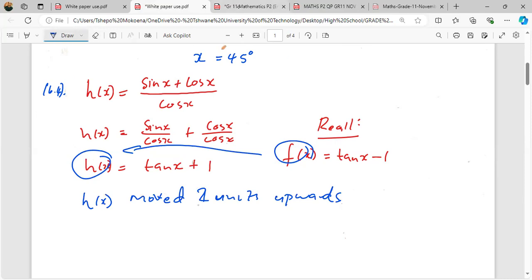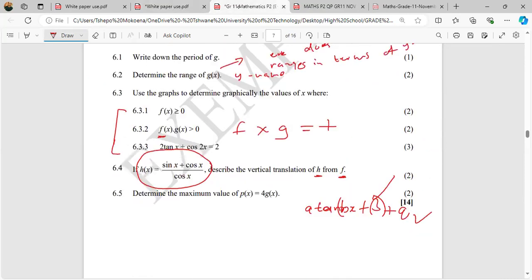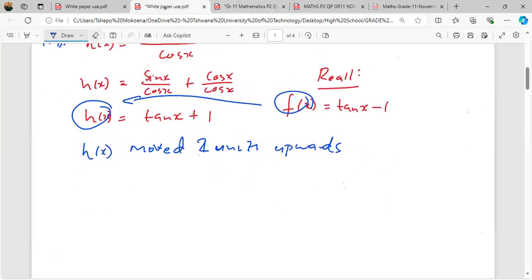Right. And here's the last question. They say determine the maximum value of. You see, we manipulate a lot here. You need to be very good at analyzing. So they want us to determine the maximum value using the graph of G. Apparently we have a new graph, which is called the graph of P. So we're going to have a new graph to answer question number 6.5, I guess.